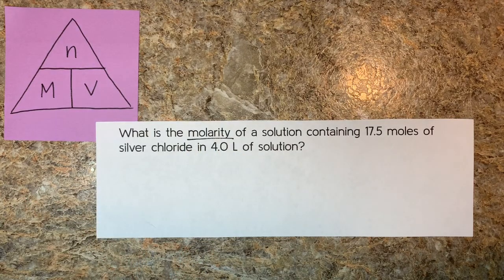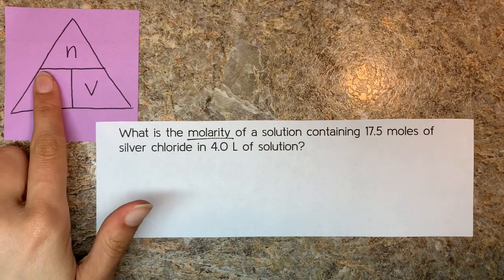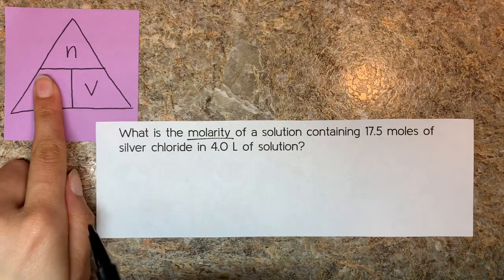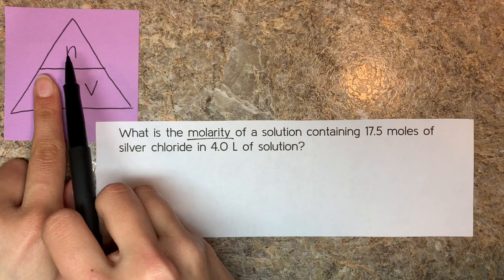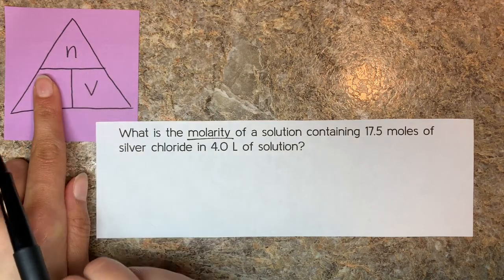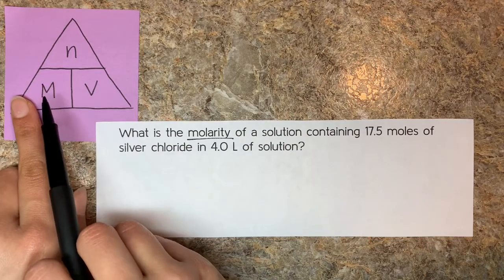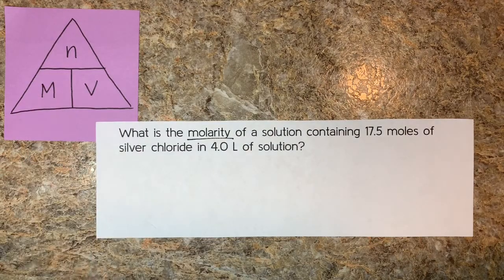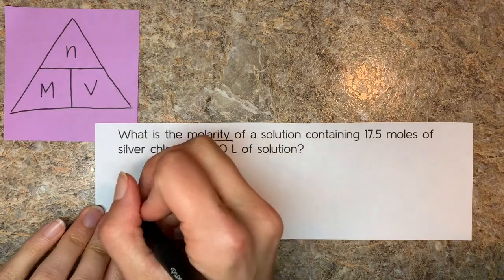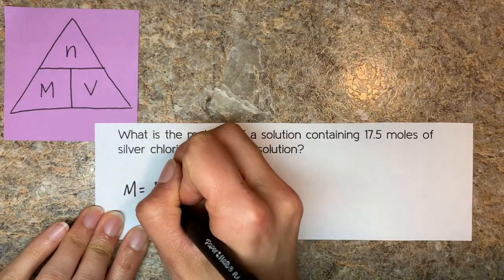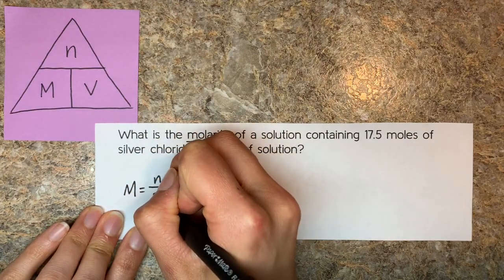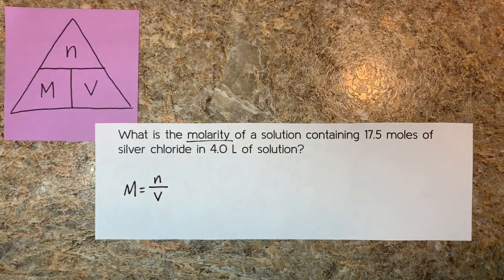Molarity is the capital M, so I cover up the capital M. I know if I divide moles of solute by liters of solution, I will calculate the molarity of the solution. So I'm going to start by writing out molarity is equal to N over V. That's the equation that I'm going to use.